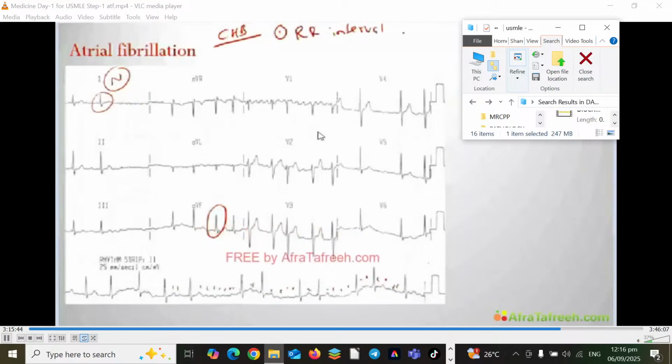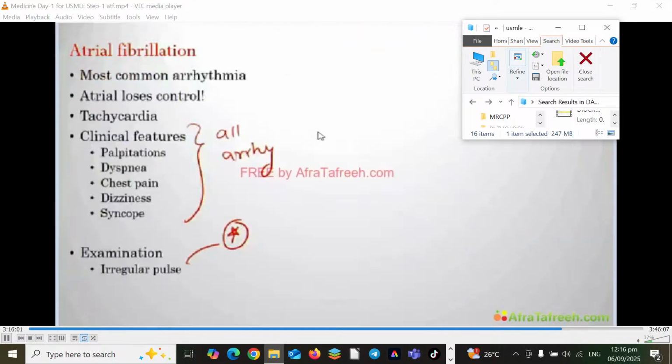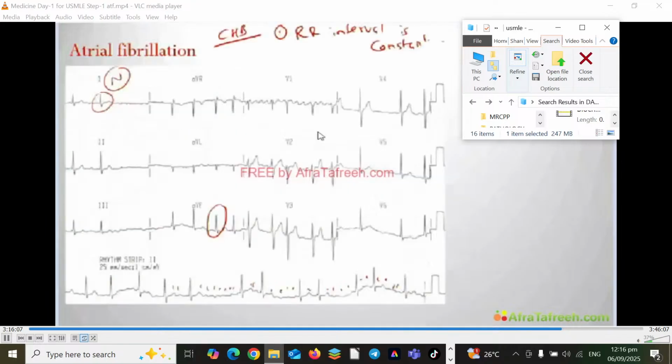In complete heart block, first, the RR interval is constant. That means the contraction is constant. Most common is fibrillation, not flutter. The RR interval in complete heart block is constant.